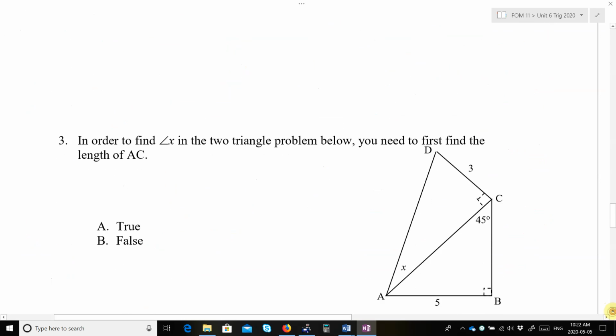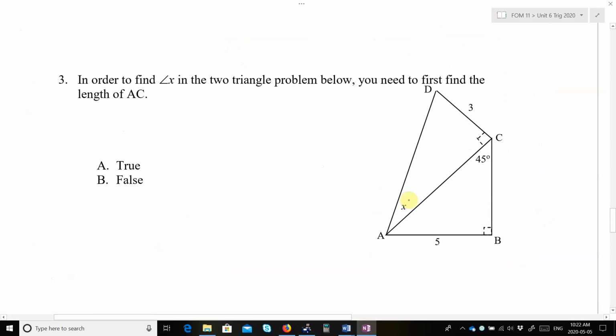All right, number 3. In order to find angle X in the two triangle problem below, you need to first find the length of AC. True or false? AC is here. That is the side that is in common to the two triangles.